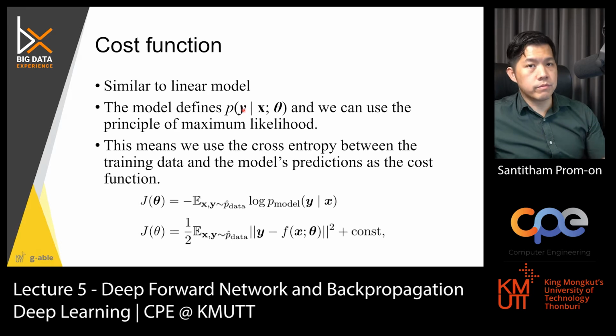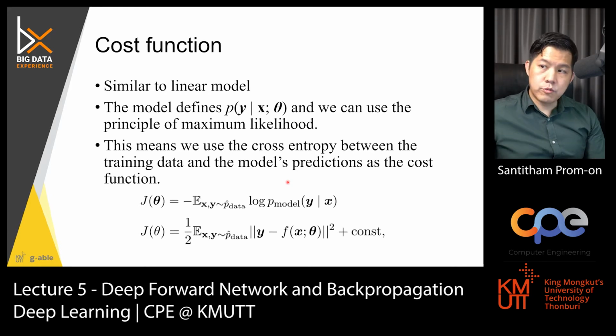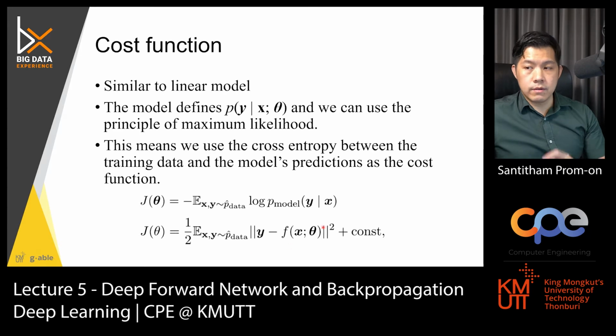The model should be able to predict the distribution of y out. That means we can use either the cross entropy if we perform classification, or the mean square error in order to do the regression, right?